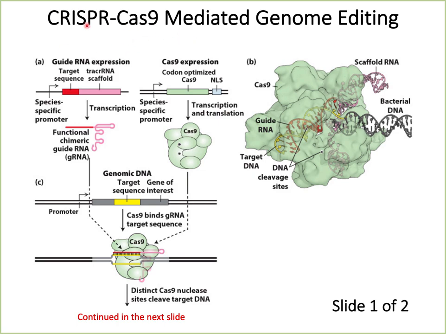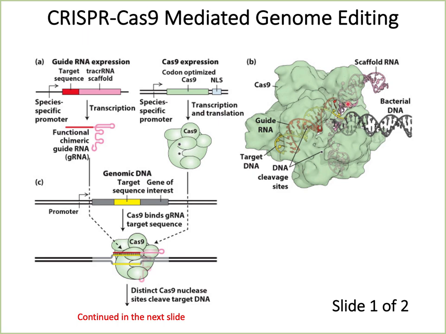The system was discovered in bacteria, where they use it to disrupt phage DNAs. This is a primitive process conferring resistance against infecting phages. It is now utilized, and we have seen that it works in almost all mammalian systems.